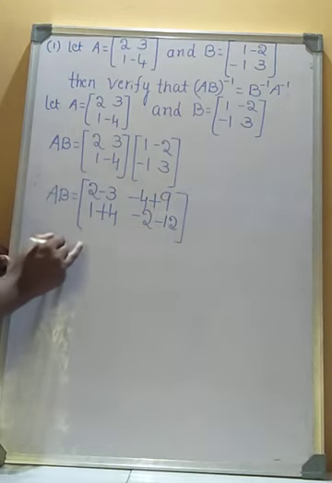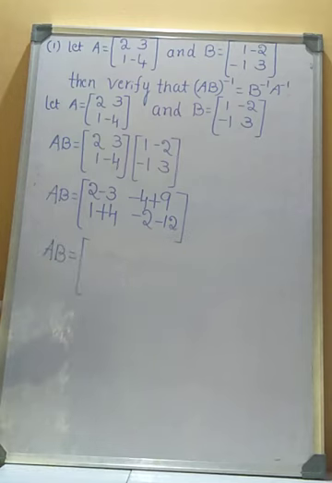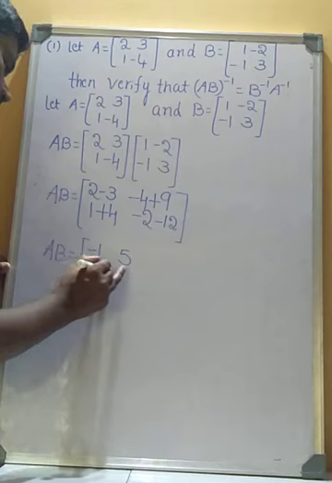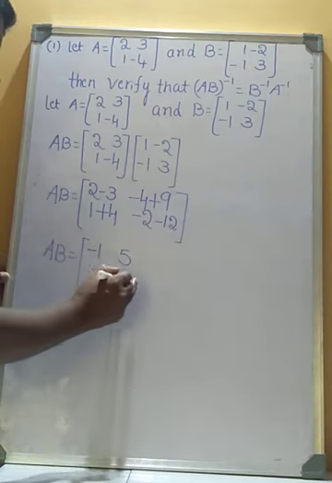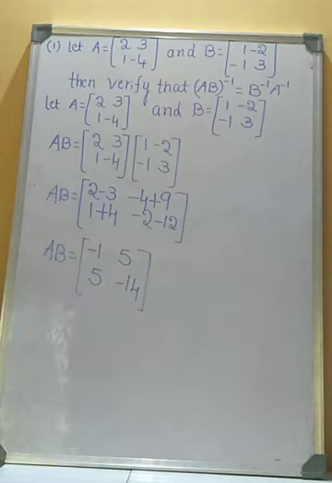Therefore AB is equal to [-1, 5; 5, -14]. So that is the product AB.